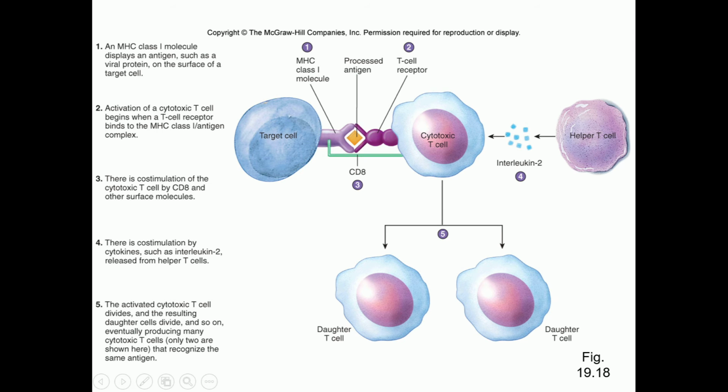First, we have an MHC class I molecule that displays an antigen, such as a viral protein, on the surface of a target cell. Second, activation of the cytotoxic T cell begins when a T cell receptor binds to the MHC class I or antigen complex. 3.